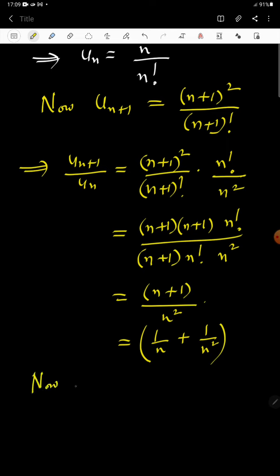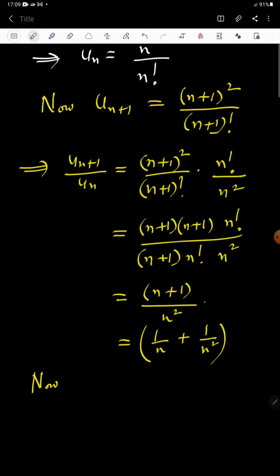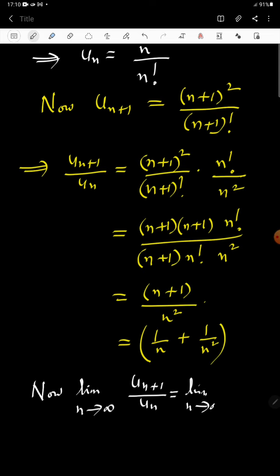Now the limit as n tends to infinity of the expression un plus 1 by un is the limit as n tends to infinity of 1 by n plus 1 by n square.